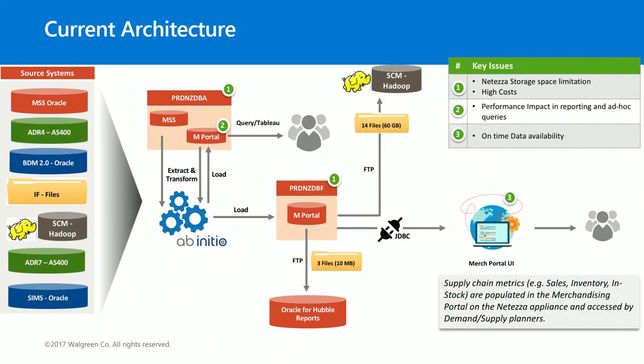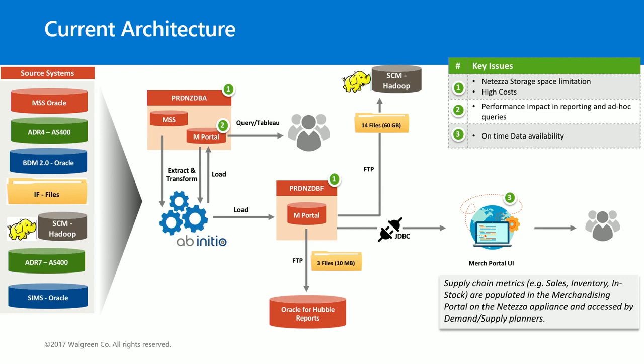This was our old architecture. It's not current. These are slides from way back early this year. As you see on the left side of the screen, we have all of our data sources that we feed into our Netezza box, ranging from our financial database, store inventory, item master data.